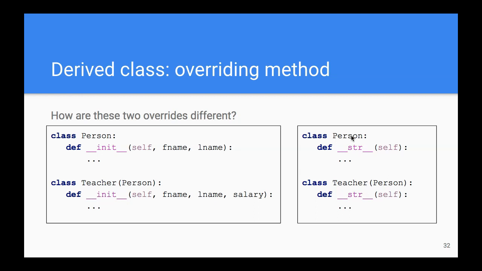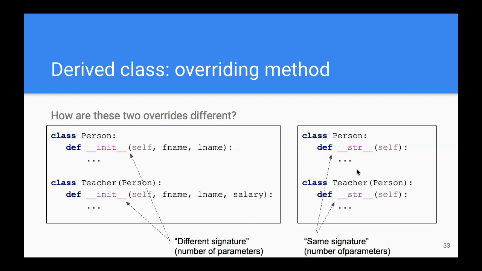So are there any differences here? Well, especially to those Java, C++ programmers among you, these two overrides look a little different, right? Because the Dunder Init method in the derived class has an additional parameter.